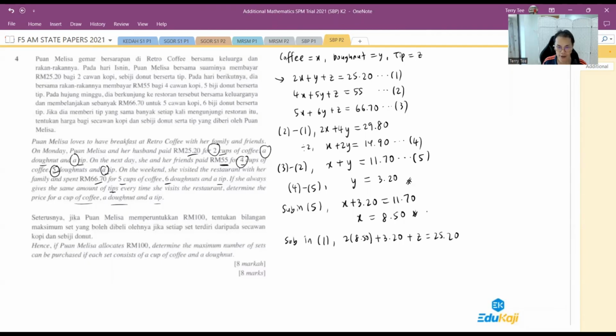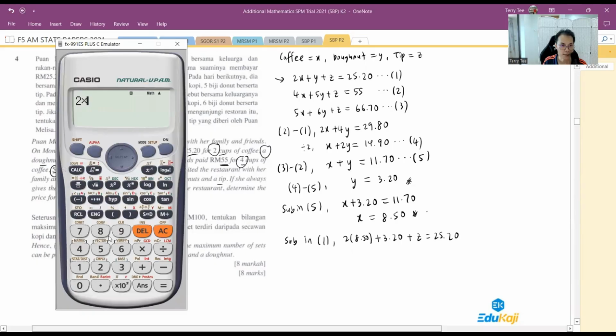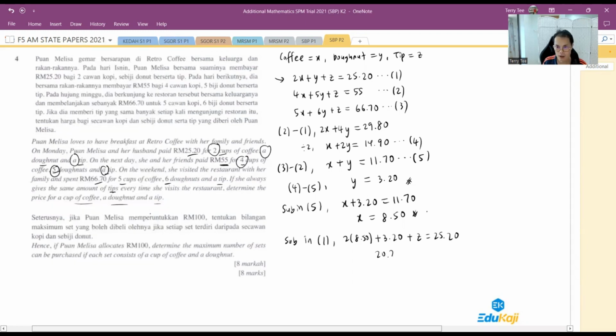Okay, so 2 times 8.50 is 17, actually. Then you plus 3 ringgit and 20 cents. Okay, let me just work it out one by one. This is 20 ringgit and 20 cents. You plus z, you get 25 ringgit 20 cents. So take 25.20 minus 20.20. The tip amount that she paid is 5 ringgit. Okay.